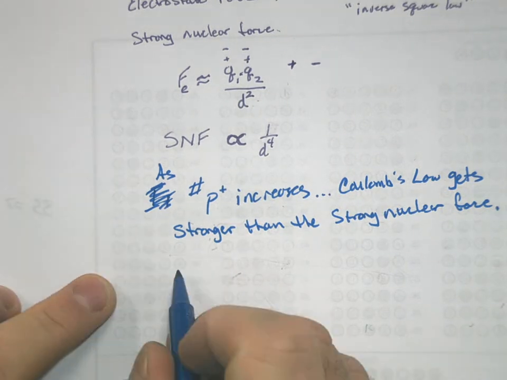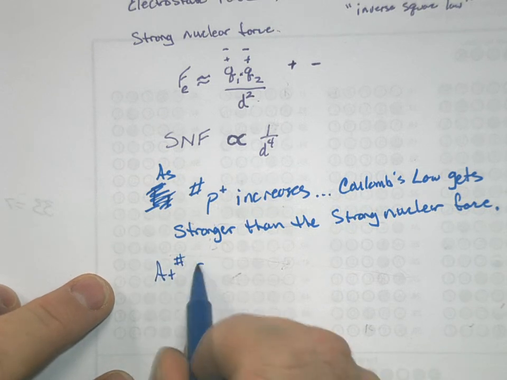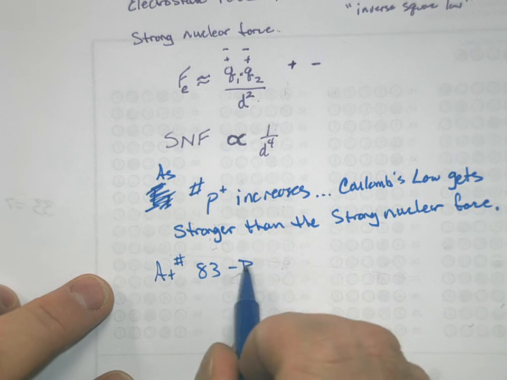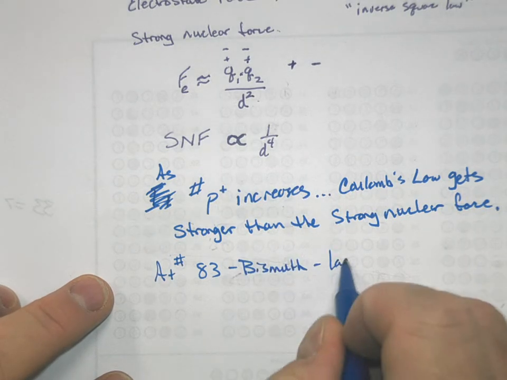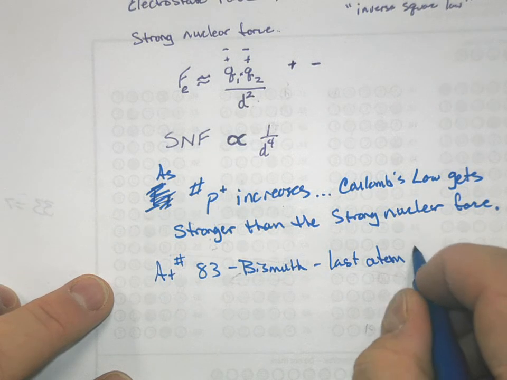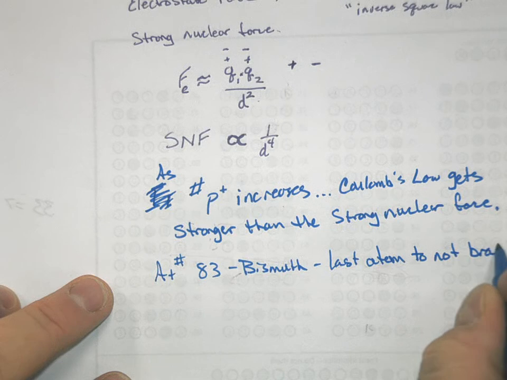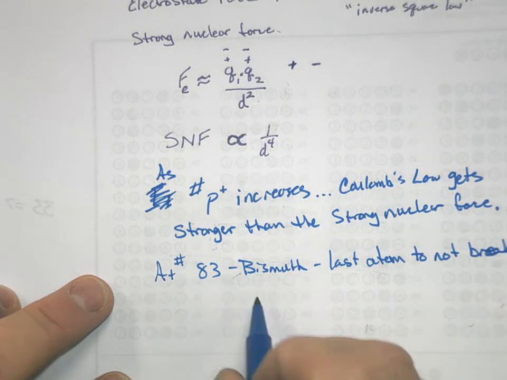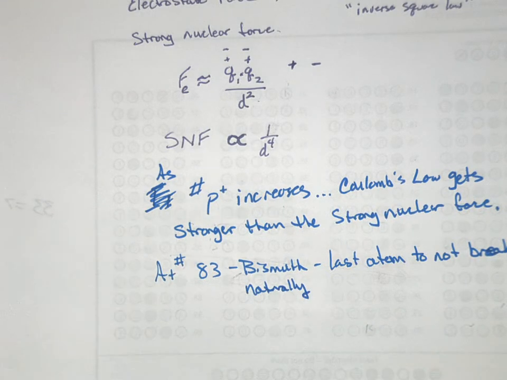So at atomic number 83, it's the last atom to not break apart naturally.